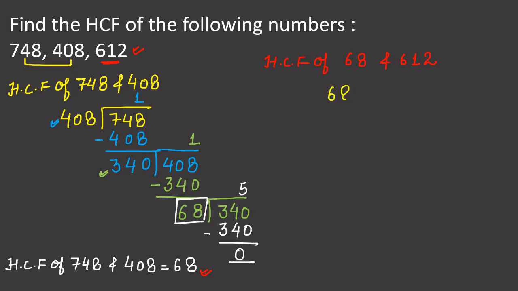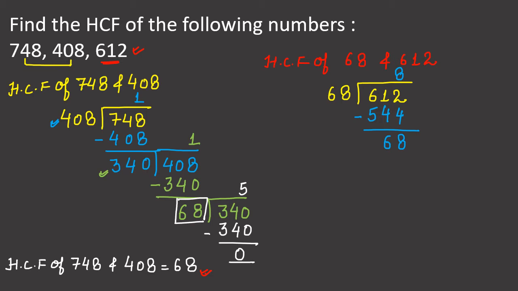So write 68 as divisor. 68 will be the divisor and dividend will be 612. 68, 8s are 544. Subtract them. You'll get 8 and here 6. Now the remainder is 68.